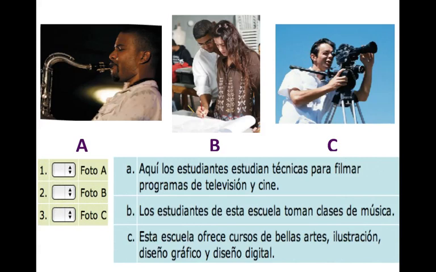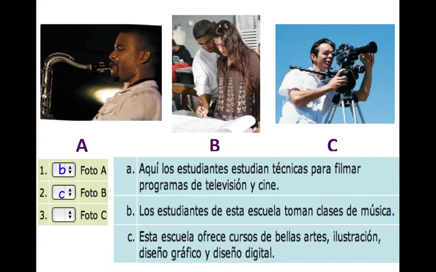Número 1, foto A. So take a look at A, and do you think that is frase A, B, o C? Excelente. B, you see, los estudiantes de la escuela toman clases de música. How about foto B? Do you think that pertains to frase A o frase C?